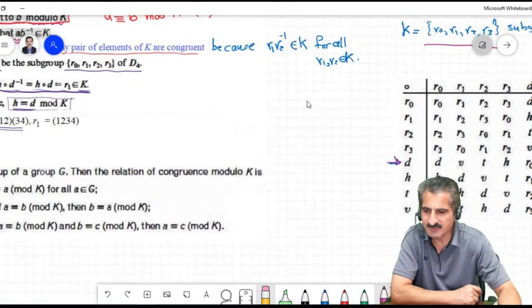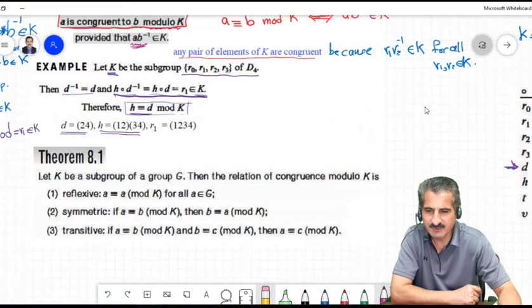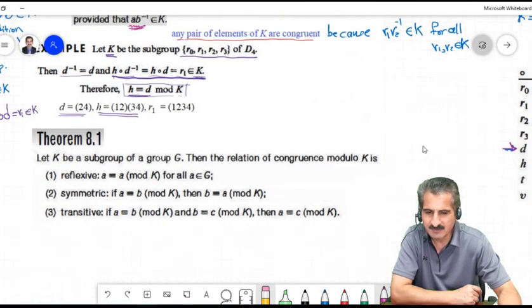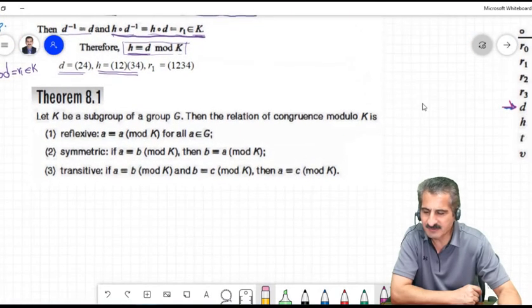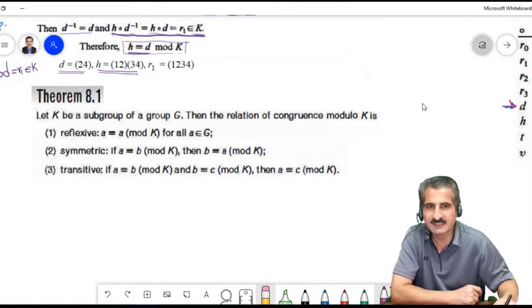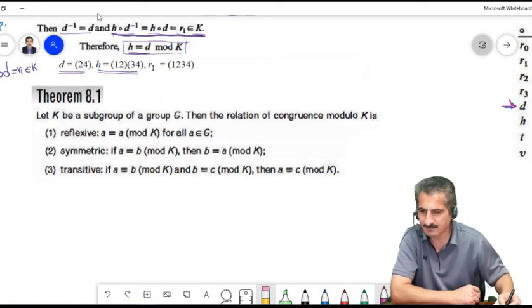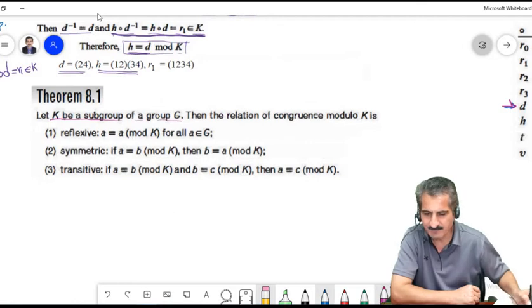Let's go back to the definition and the theorem after the definition. Okay, so we got the definition. Now this theorem is not very new, because it generalizes what we have seen in Zn. If K is a subgroup of a group G, then the relation of congruence modulo K is, so it is a relation.